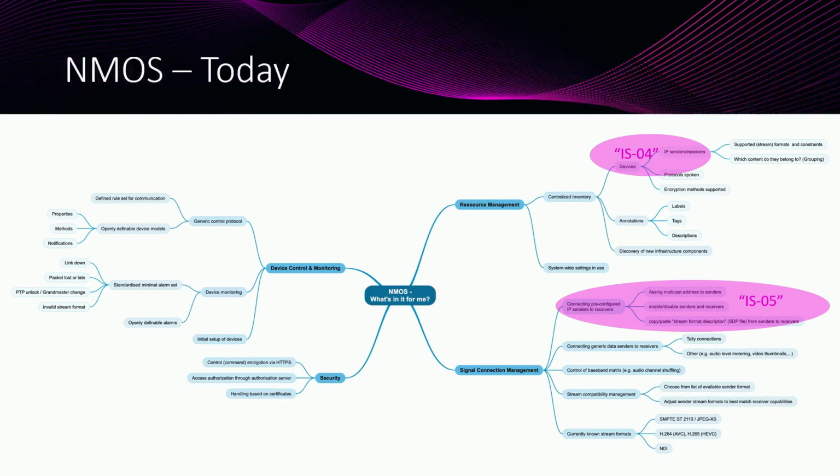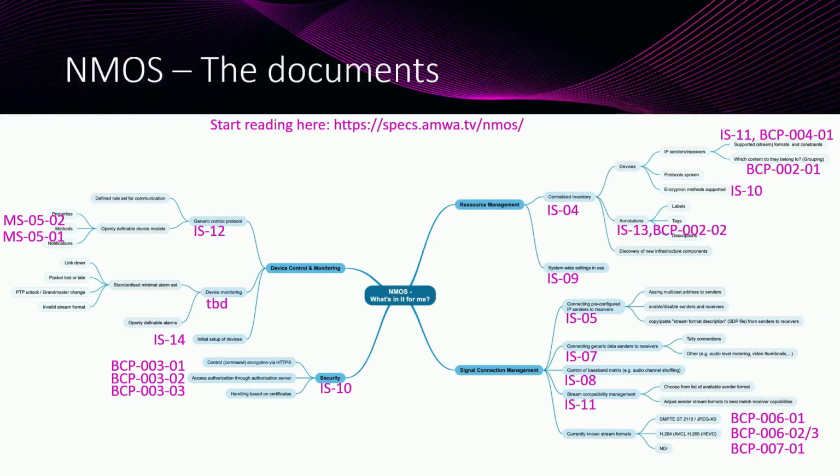Everyone can read everything. And if you now want to see the numbers for once, these are the numbers. So there's a whole jungle of documents, best common practices, ISs, whatever. That's where you can read and go. I recommend starting with the link at the top.